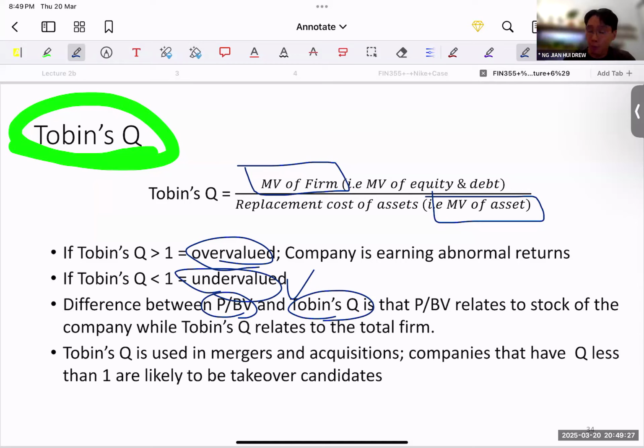Generally, Tobin Q is quite popular in the sense that it's used for M&A activities because you want to value the firm value. And companies that have a Tobin Q less than 1 are likely takeover targets because they're undervalued, right? So the price is likely to move up.